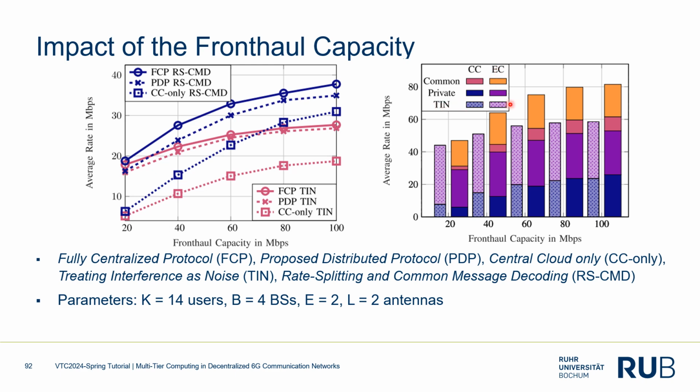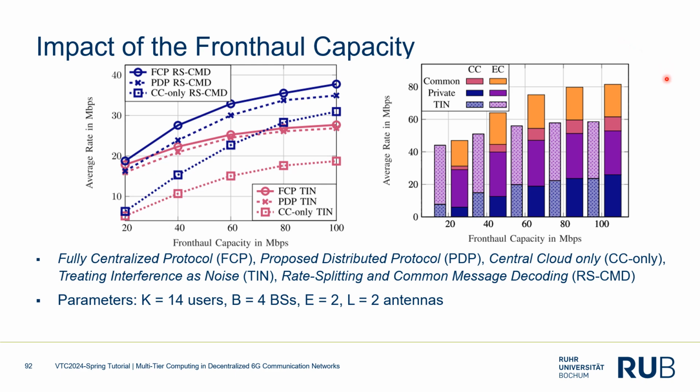And for comparison, we have the TIN scheme, which does not do the splitting into private and common messages, so there will be only rates per CC and per EC. Now, this figure shows that both private and common rates increase jointly with the fronthaul capacity. What is also seen is that RSCMD outperforms the treating interference as noise, especially here in the high fronthaul regime.